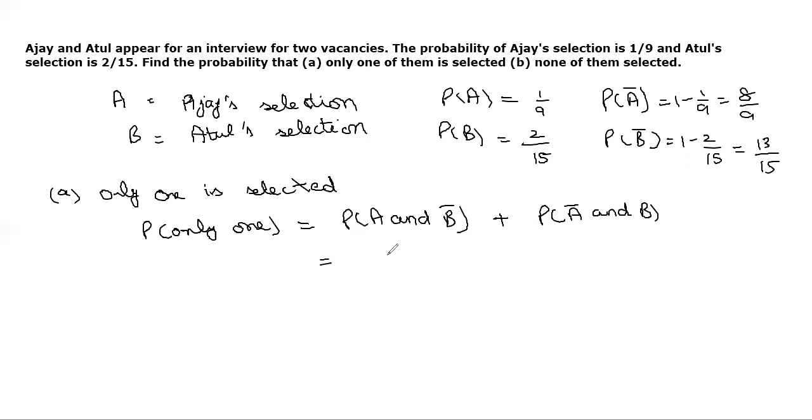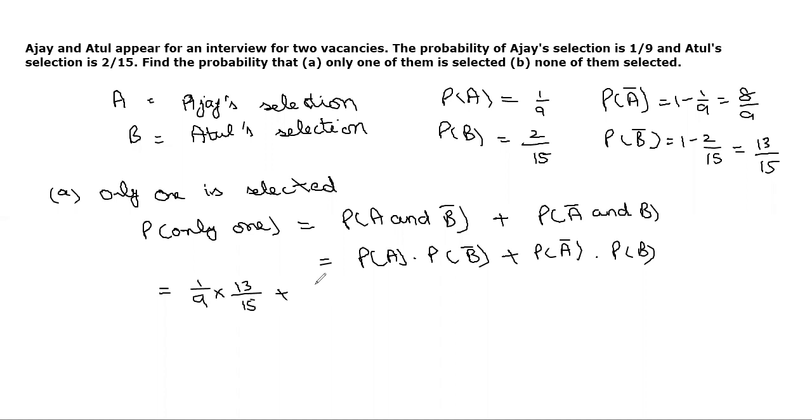Because these two events are independent by nature, it will be P of A into P of B bar plus P of not A into P of B. The answer is 1 over 9 into 13 by 15 plus 8 over 9 into 2 over 15. So it's going to be 29 over 135.